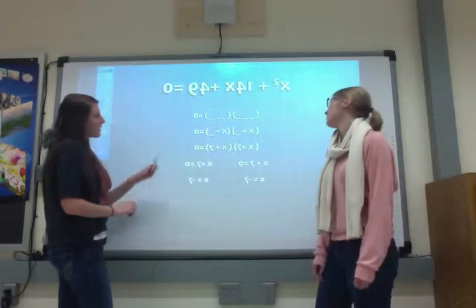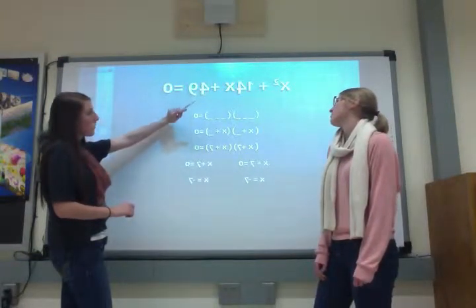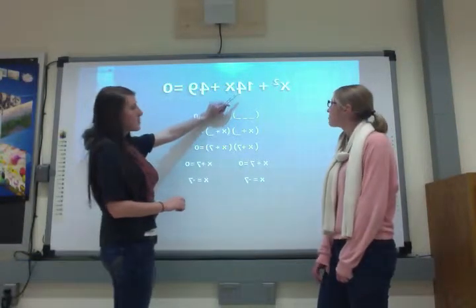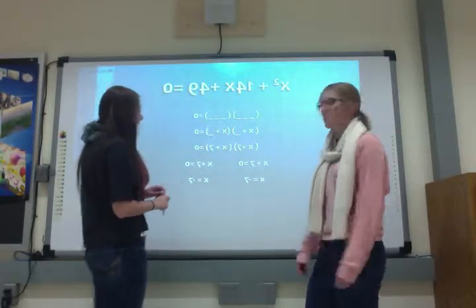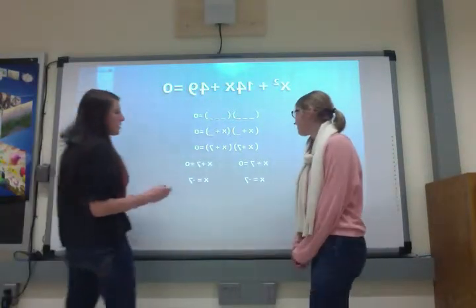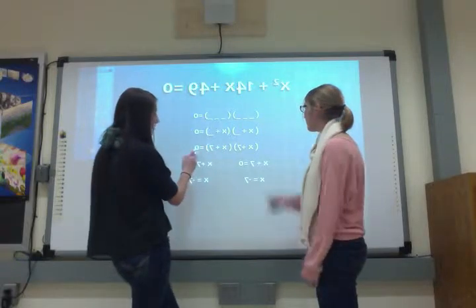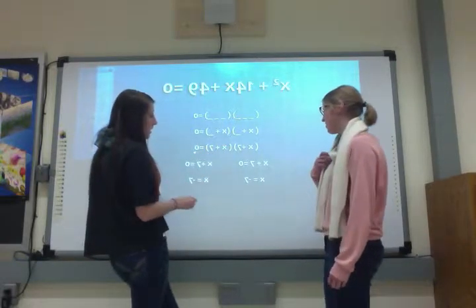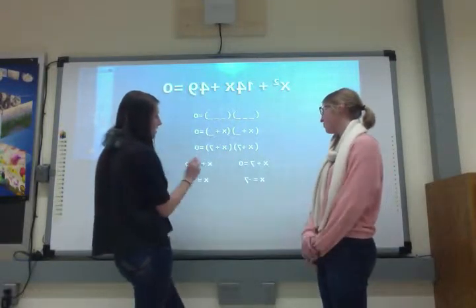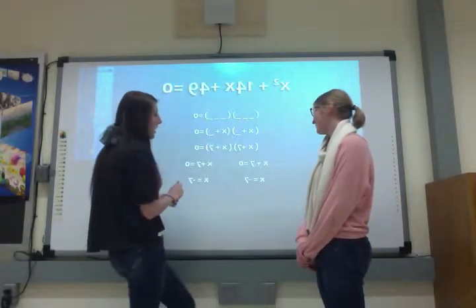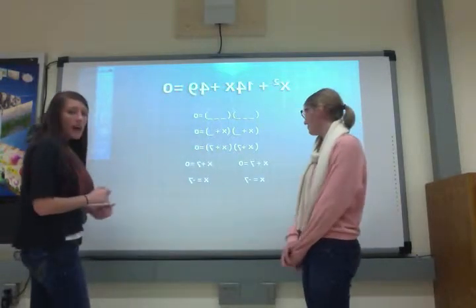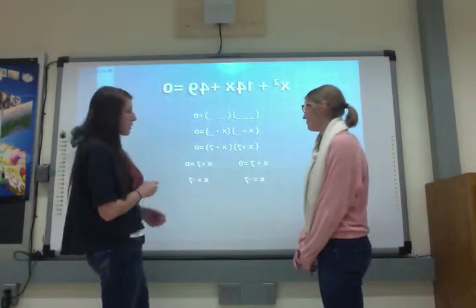Then we just have to find which numbers, when multiplied together, add up to equal 14, which happened to be 7. Then you set each parentheses equal to 0, so x plus 7 equals 0, and x will equal negative 7 when you subtract it.